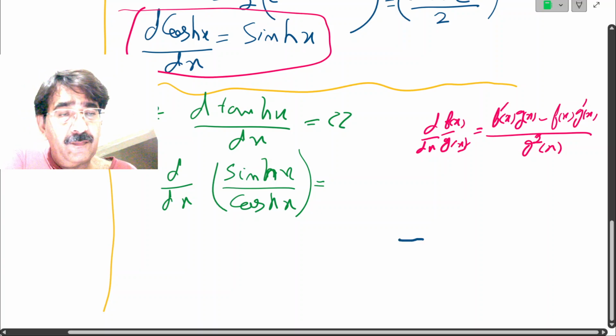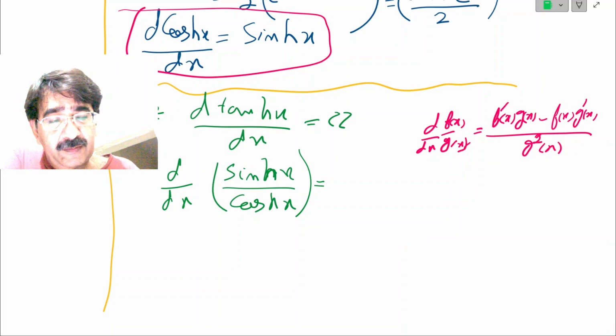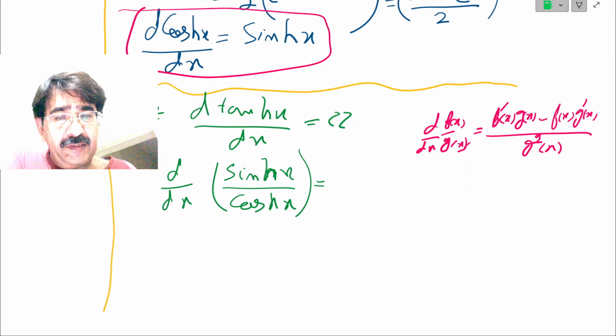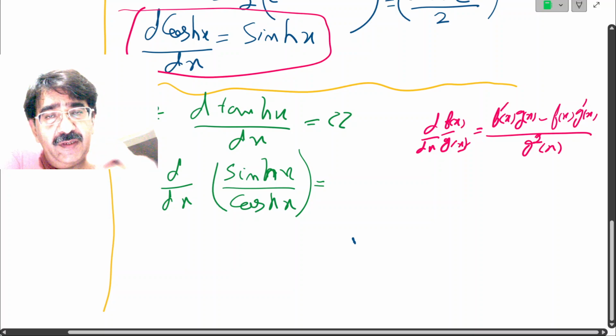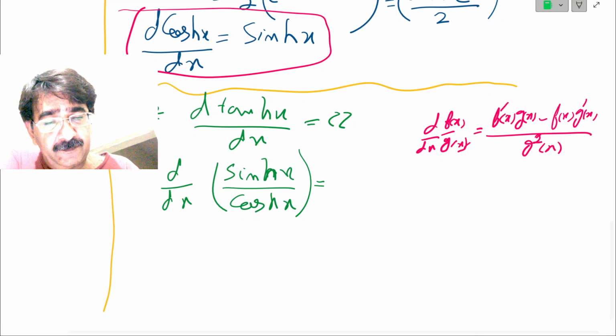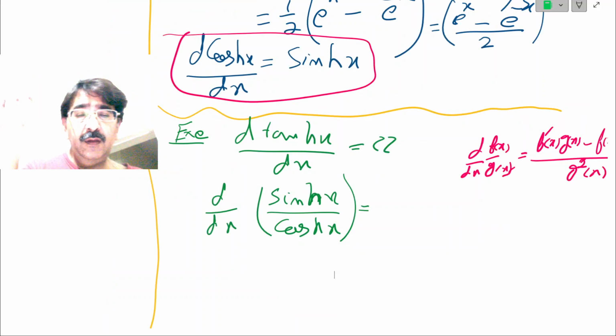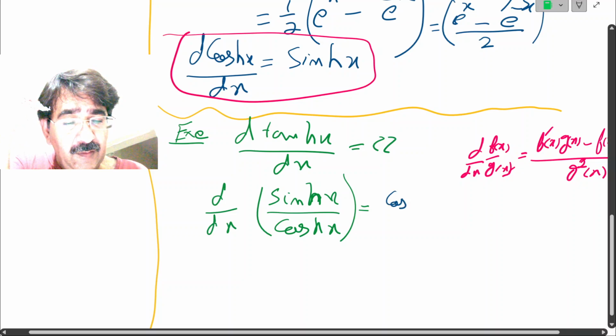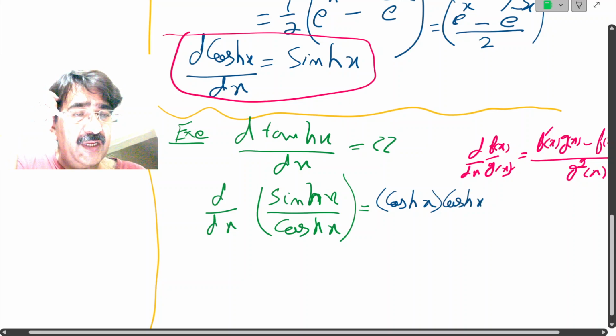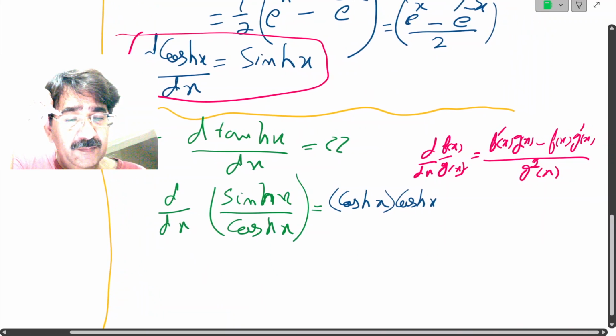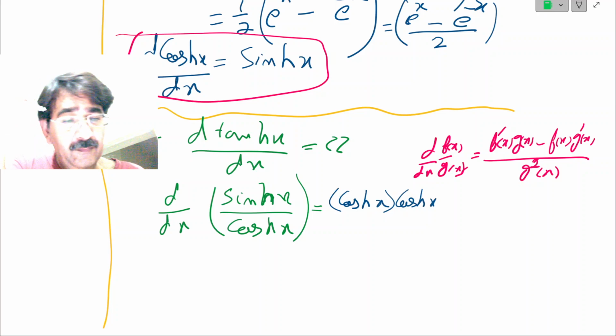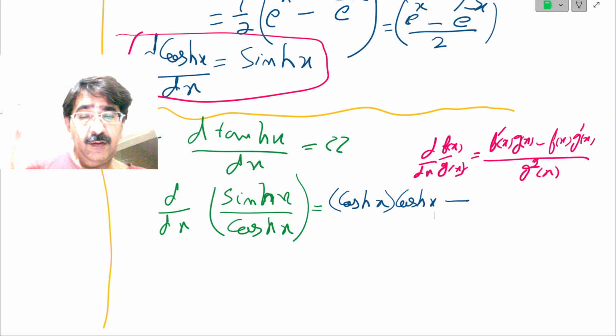That will be equal to the derivative of sine hyperbolic, so the derivative of sine is cos hyperbolic x, and multiply with the cos hyperbolic x, since cos is the denominator.